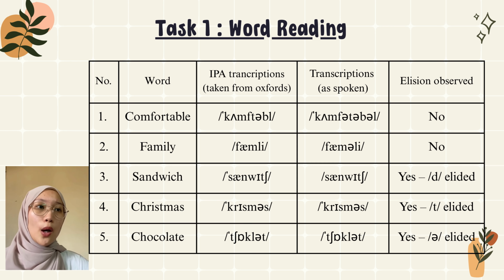When spoken by our participant, the word was pronounced as chocolate, which matched the Oxford transcription exactly. This means the participant used the reduced form that already involves elision of the schwa sound.